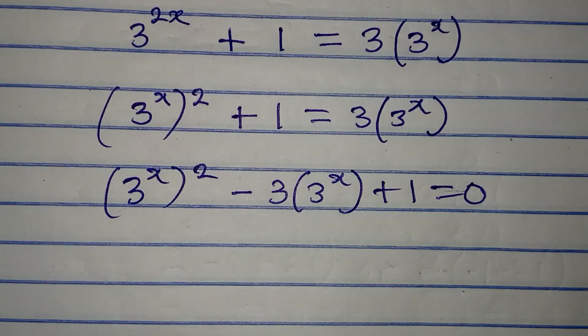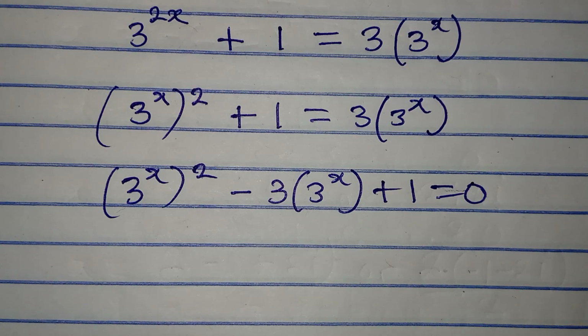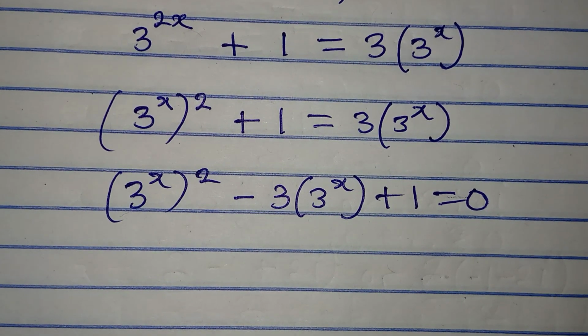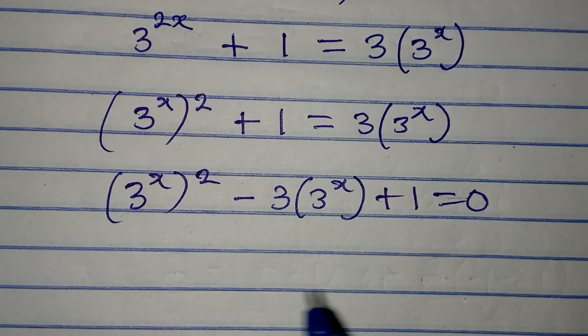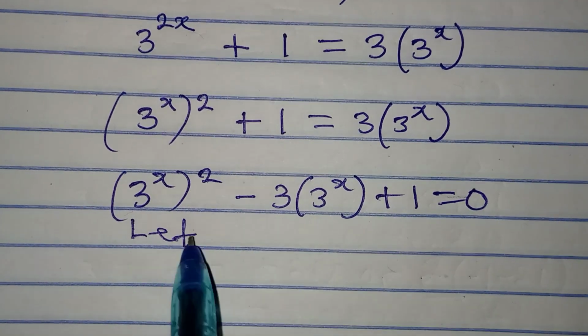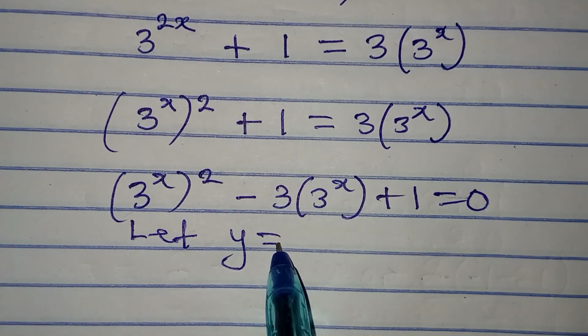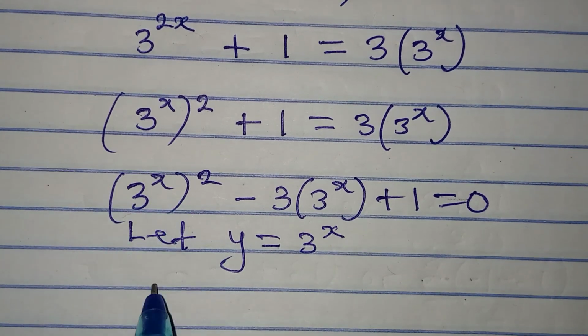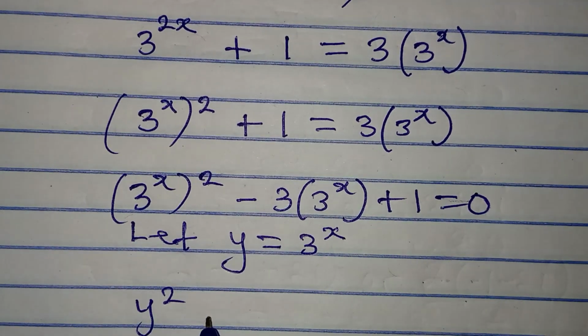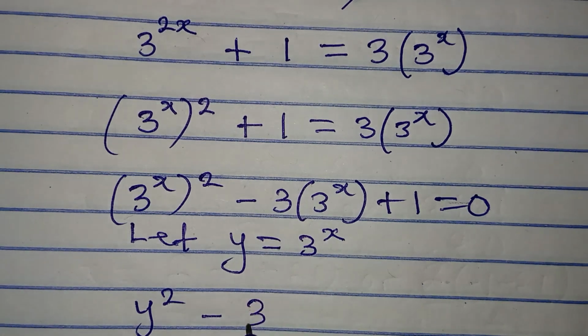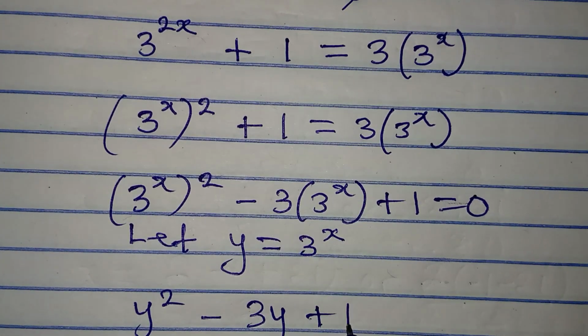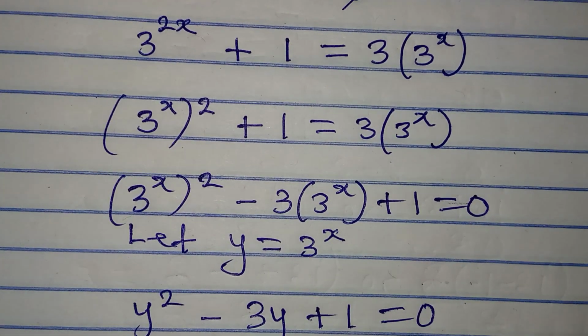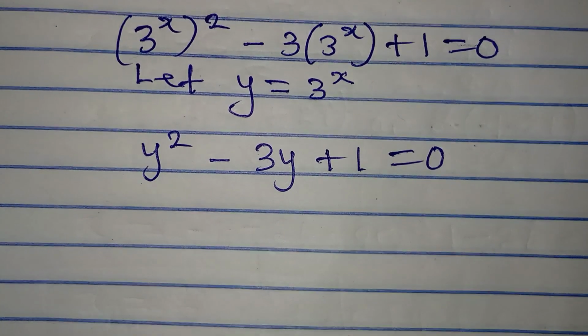And this is going to lead us to a quadratic equation, right? As a matter of fact, from here now, we are going to say that let y be equal to 3 to the power of x, so that from here, I will have y squared minus 3y plus 1 equals 0. This is what I have.